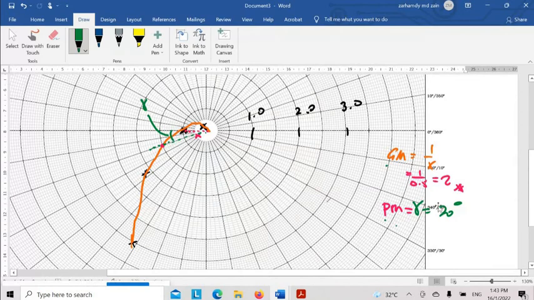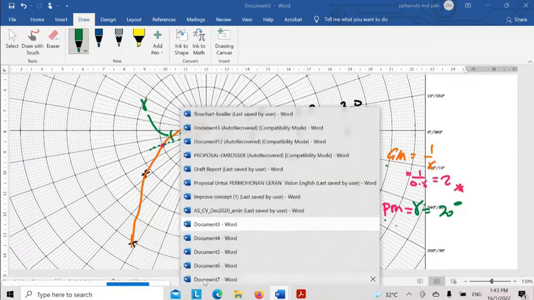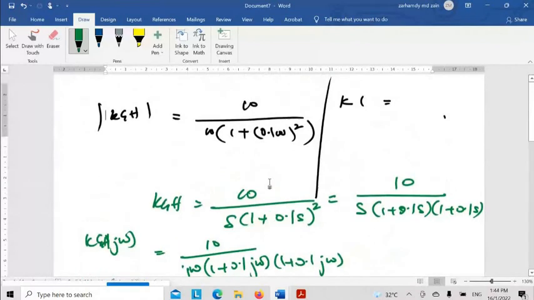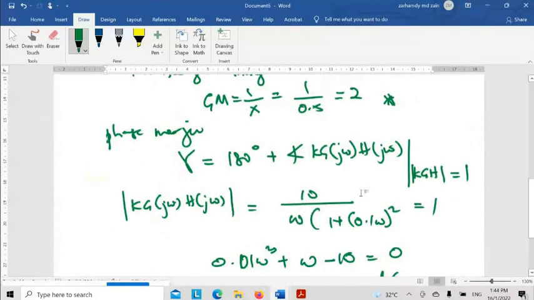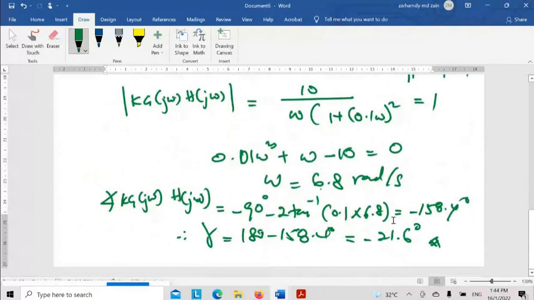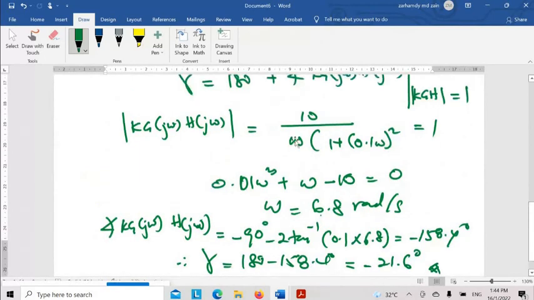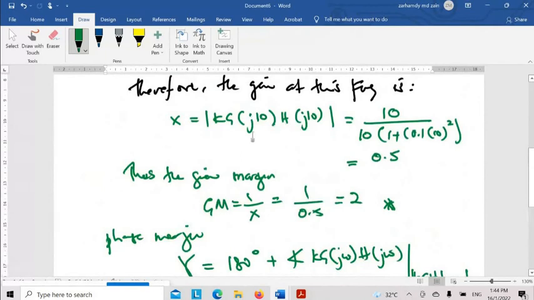So from here, you only use this formula saja, to fulfill the value. This is to look for the phase margin by theoretical, and this is proof, to prove the value based on the gain margin. Ingat dua tu saja.